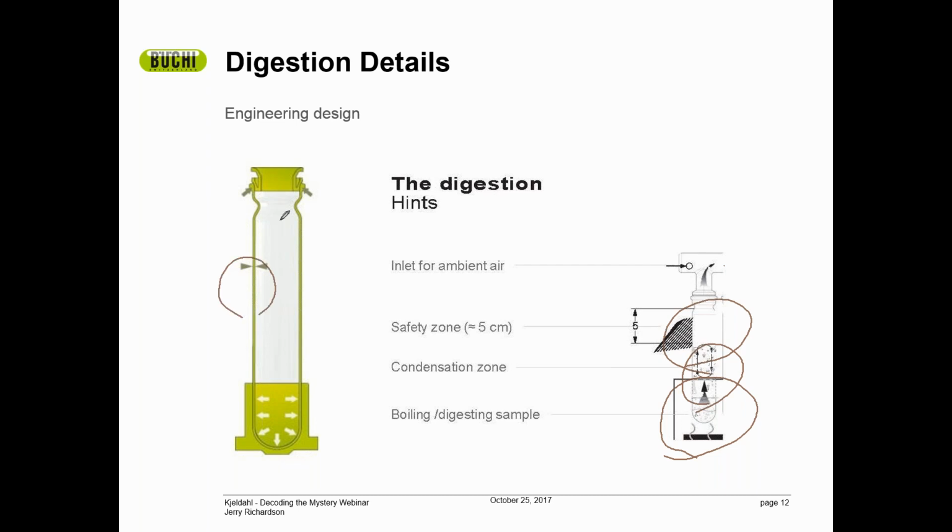All right, so a couple little things about the engineering design here is the thickness of the glass, and then also this taper and connection joint. The thickness of the glass is very helpful because it adds to the length of the life of the sample tube, and so it keeps you using the same vessels again and again for a much longer period of time.